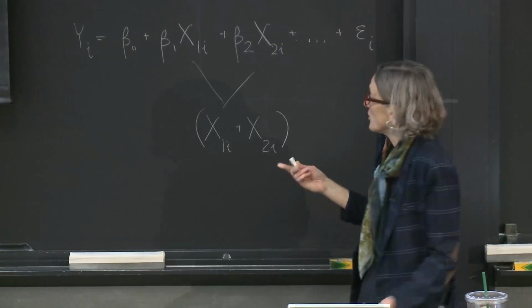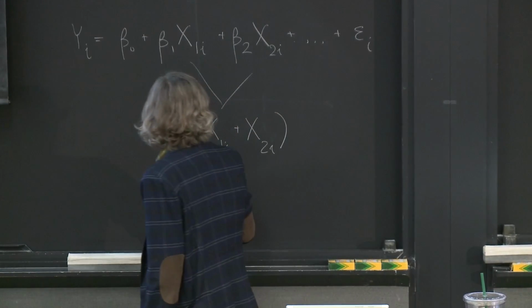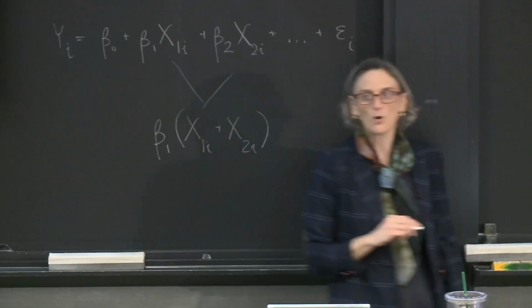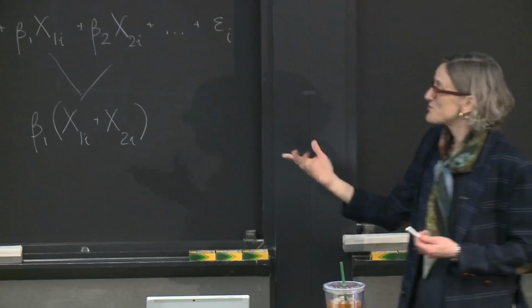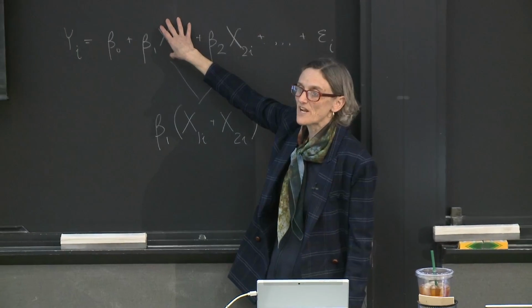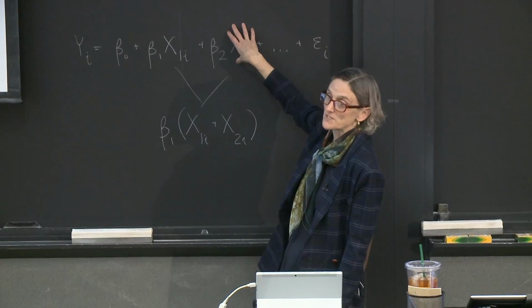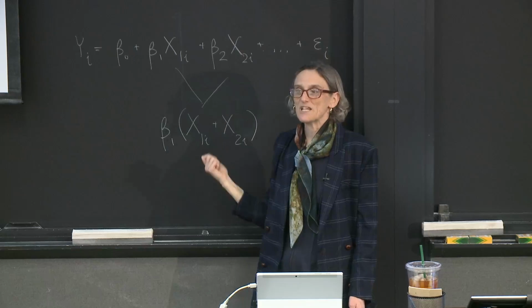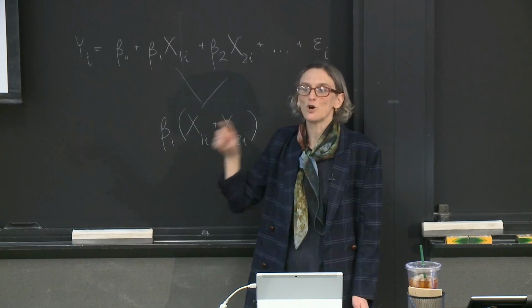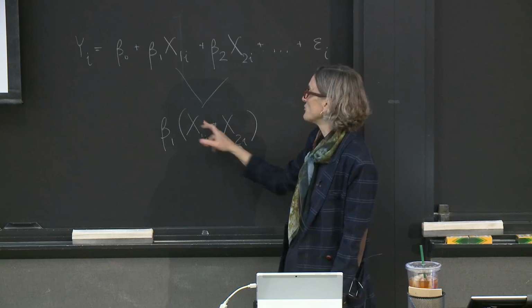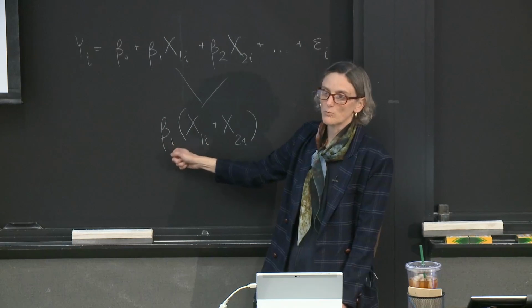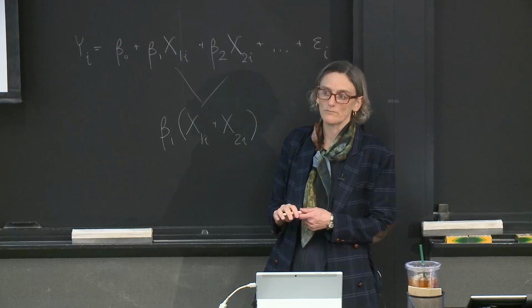It's just a new variable, and then we only estimate one coefficient on that. So our restricted model is that we don't include x1 as a regressor or x2 as a regressor. We include their sum as a regressor. Okay, and that's how we're imposing the null restriction, because when we include their sum, we're forcing their two coefficients to be equal.